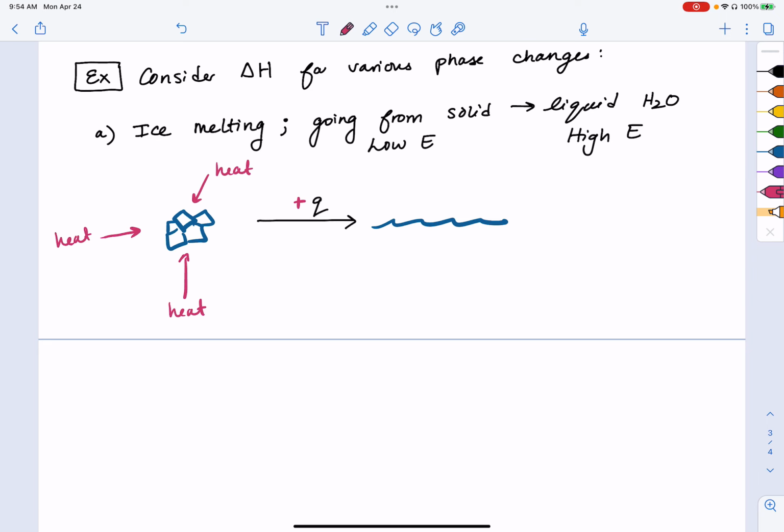So now that we have warmed our system, or we have heat transferred into the system from the surroundings, we would say that the enthalpy of this process, which is equal to the heat that has been transferred into or out of our system, is going to be equal to the amount of heat that was absorbed by the system, and that absorption has that positive sign.